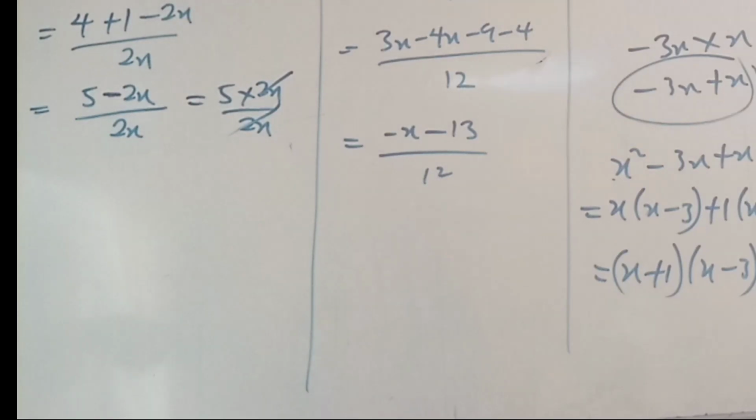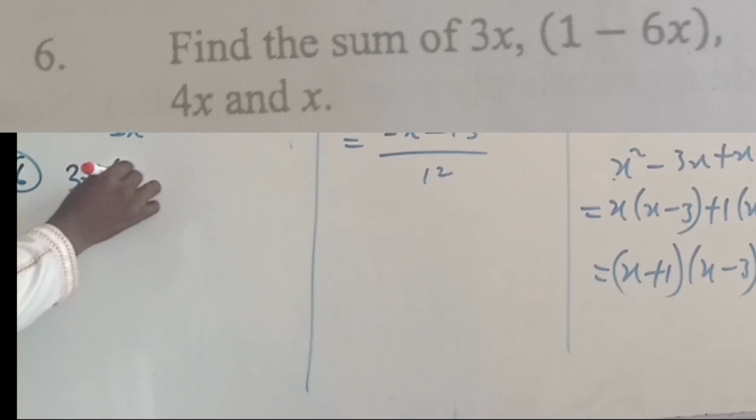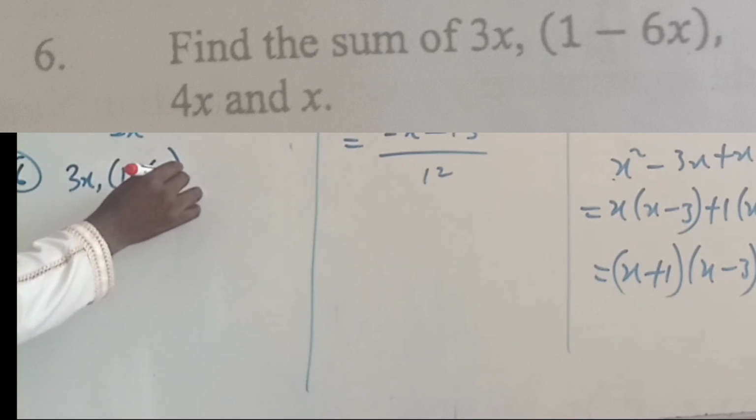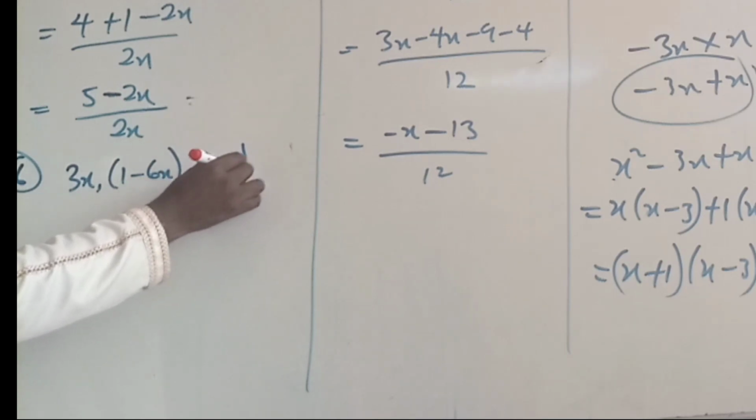So move to question number 6. Find the sum of 3x, 1 minus 6x, 4x and x.